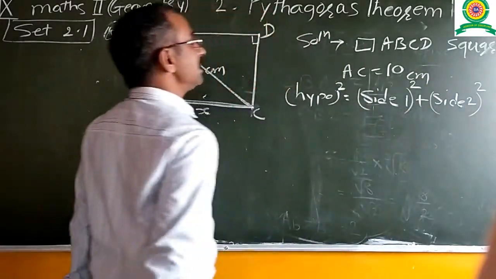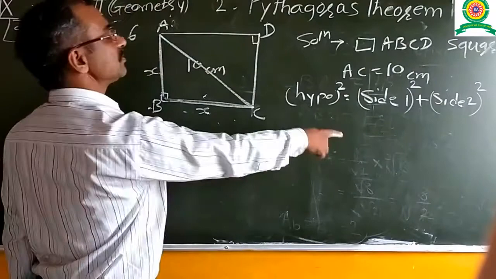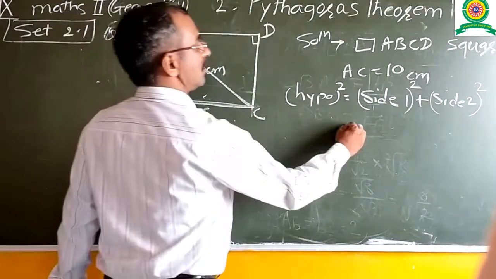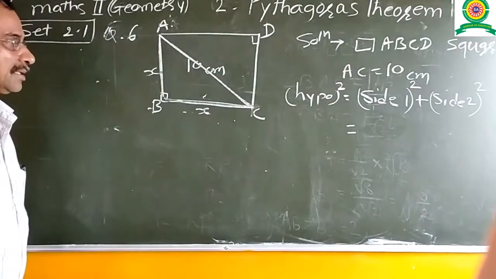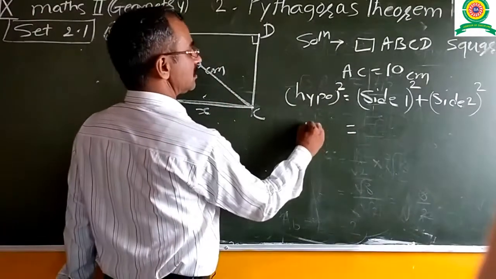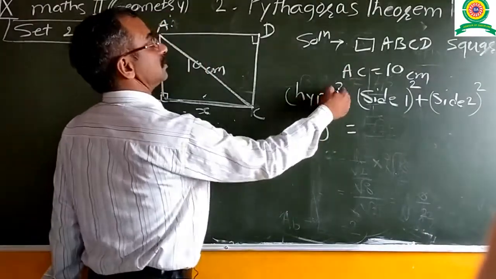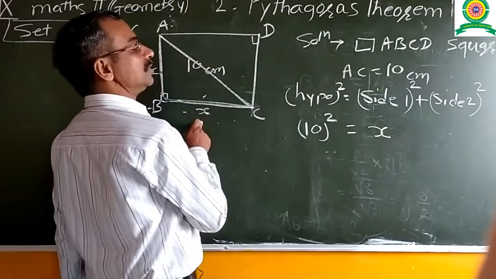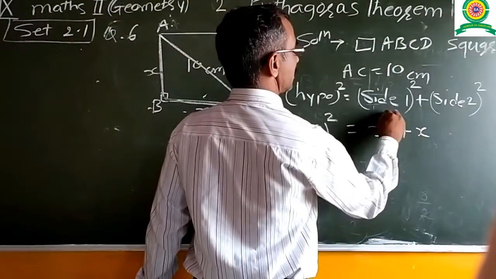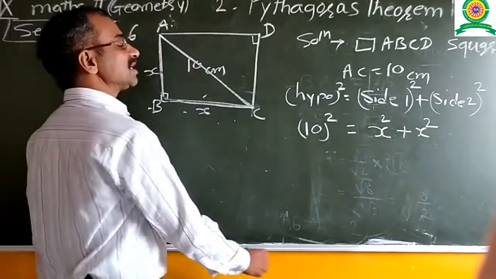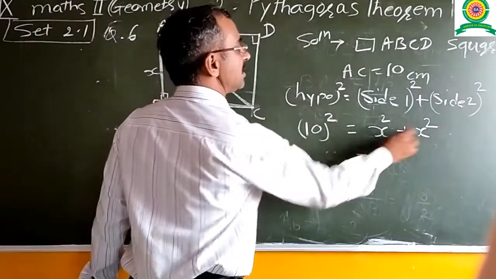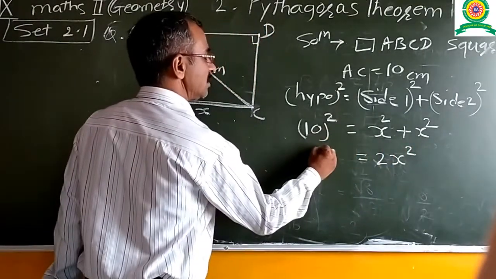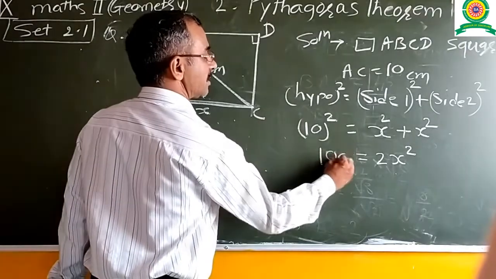Means in a right angle triangle, the hypotenuse square is equal to the sum of the squares of the remaining sides. Then the hypotenuse square is 10 square, equal to side 1 considered as x, side 2 also considered as x, their square sum: x square plus x square, which means 2x square. And 10 square is 100.